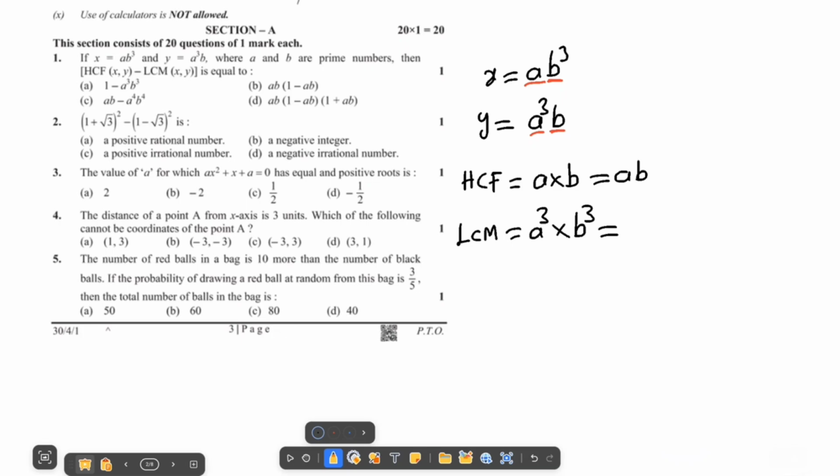So a cube into b cube, a cube b cube. So what we have to find here? We have to find HCF of x and y minus LCM. So HCF is ab minus LCM is a cube b cube.